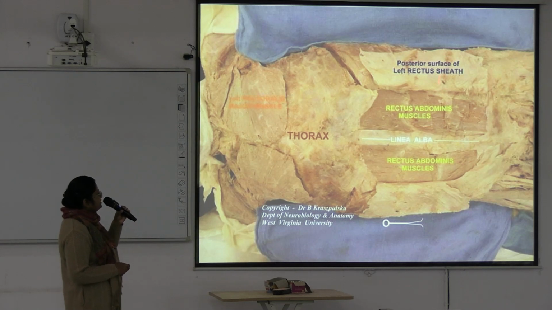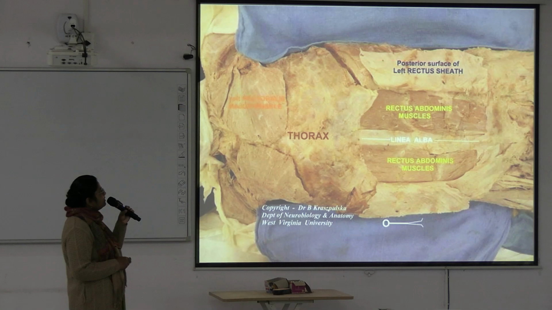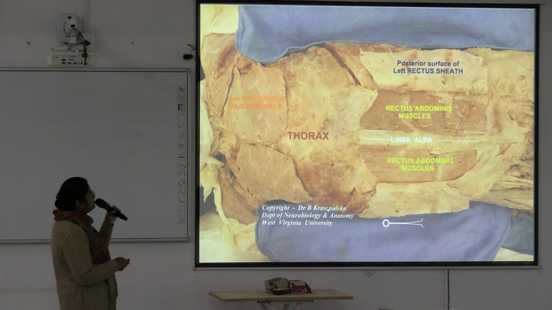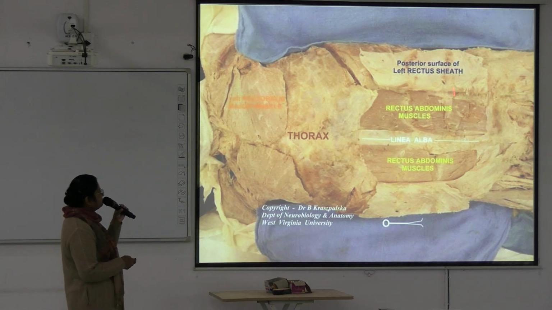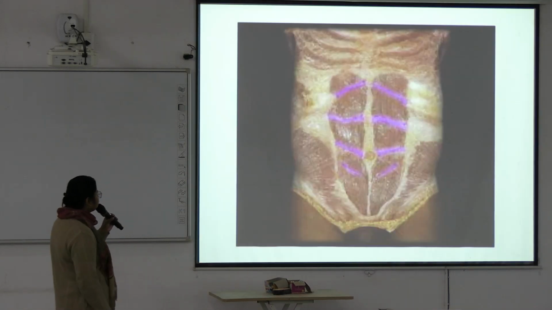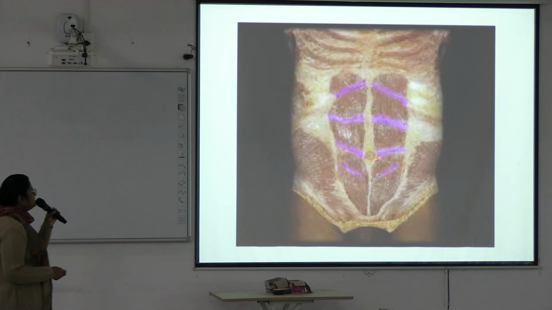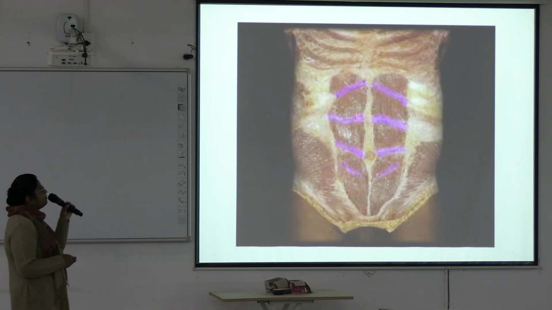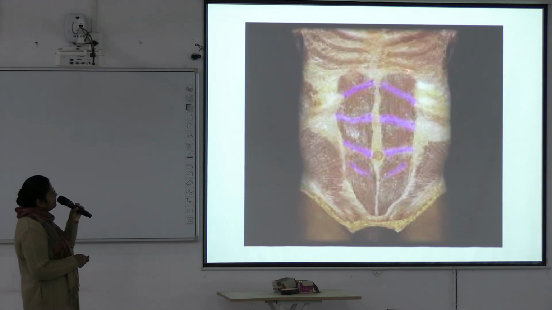And this is the posterior surface of the rectus sheath, and the posterior surface of the anterior lamina of the rectus sheath. Here you can see the positions of the intersections. Next, these are the positions of the different intersections. One is located at the level of the xiphoid process.